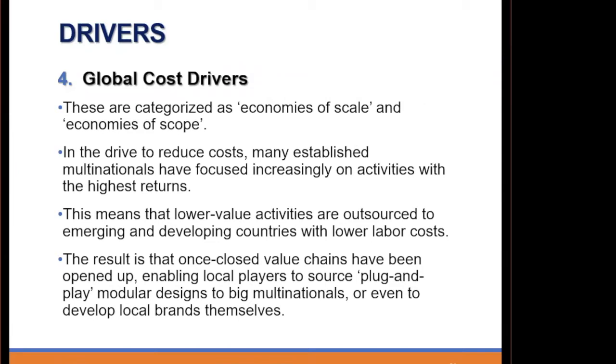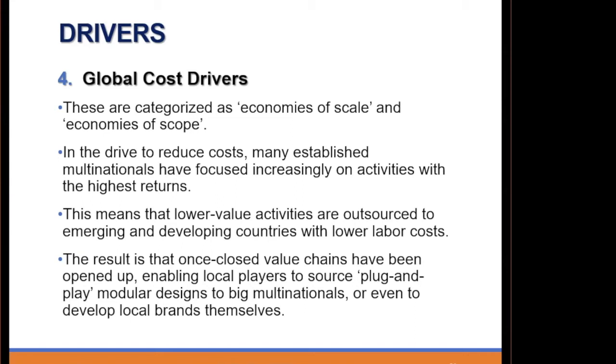So where they can get the best and most cost-effective resources without sacrificing competence, which will directly impact their bottom line, they will do so. So it means that they have the freedom to outsource lower value activities, right? Which do not pose significant implications in terms of security, among others, to other developing or emerging countries where they can get it fulfilled at a lower cost.